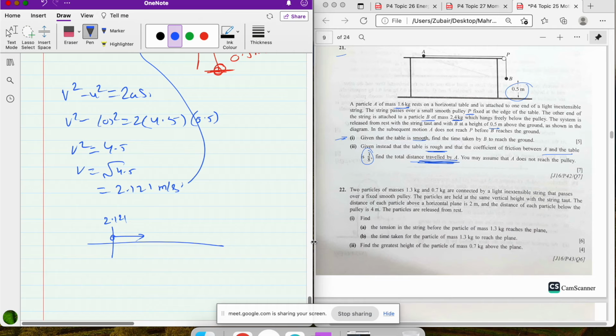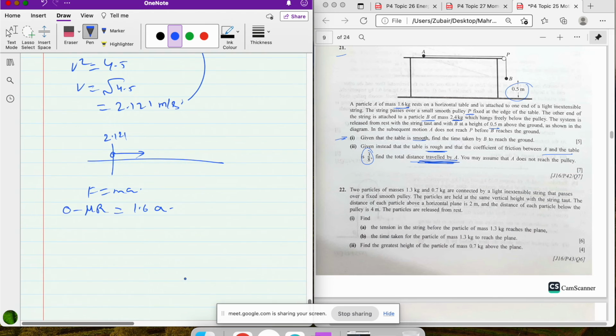If I apply F equals ma, now the forward force is 0, since there's no tension and nothing attached, minus the reverse force mu R equals the mass 1.6 times the acceleration, which has changed and is unknown. That was the previous acceleration, which was due to the pull of the tension. Mu is 3 by 8, R is 16, equals 1.6a.